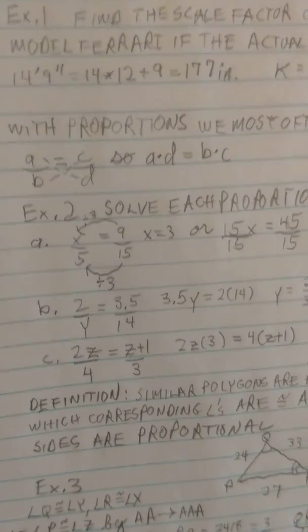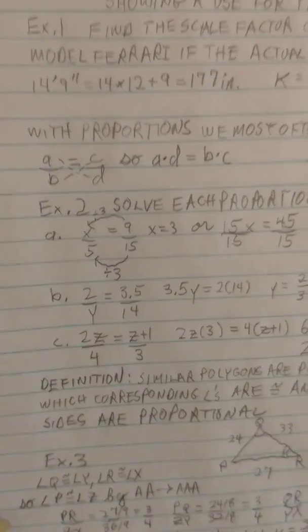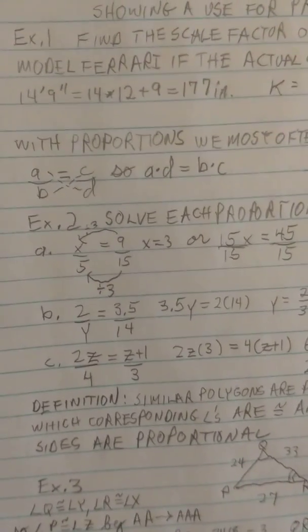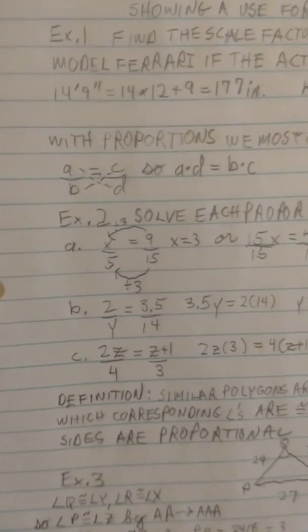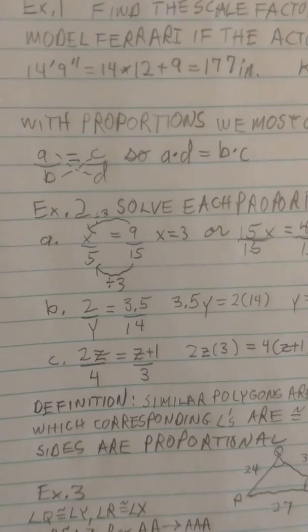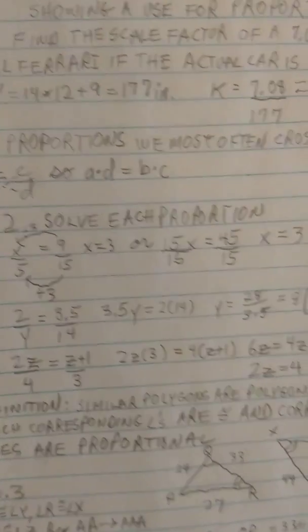Now, in order to convert from 14 foot 9 inches, we have to, of course, multiply 14 by 12 to get the number of inches in 14 feet plus 9, which on the calculator, which you need now for every class, is 177 inches.